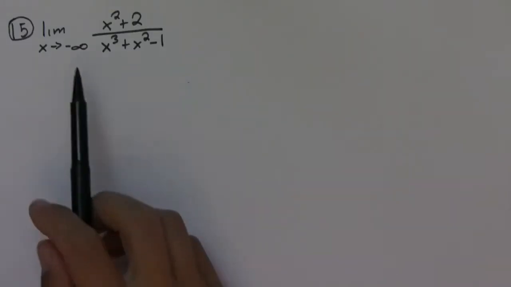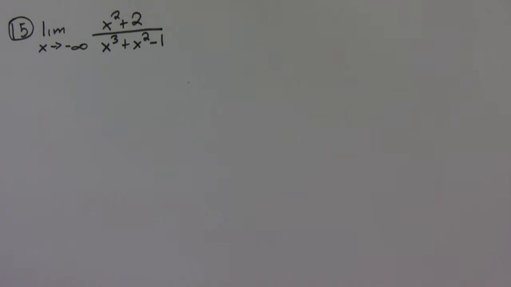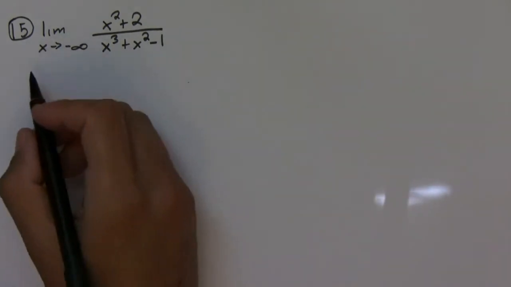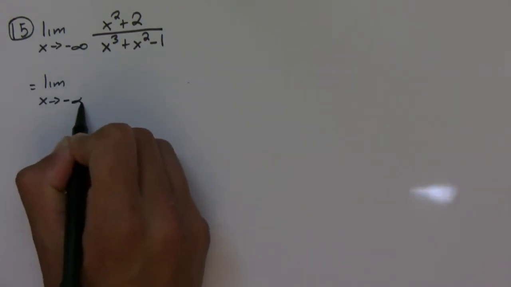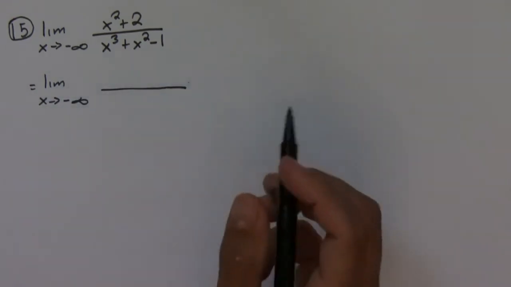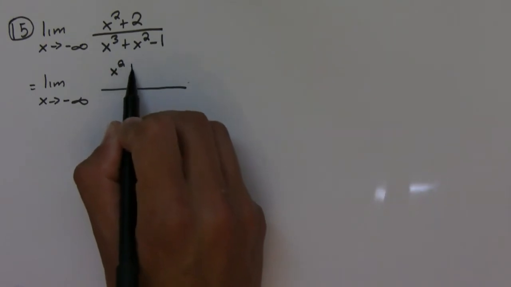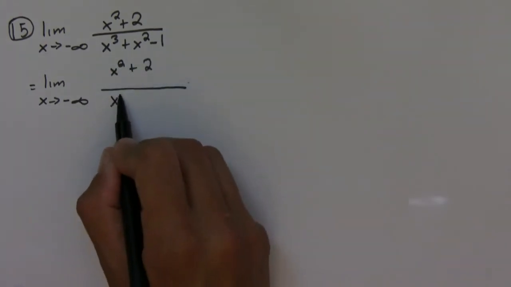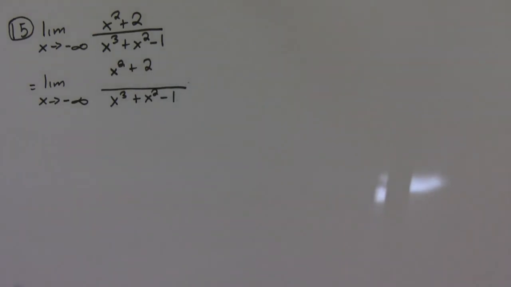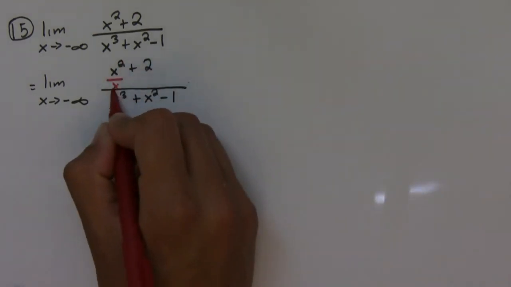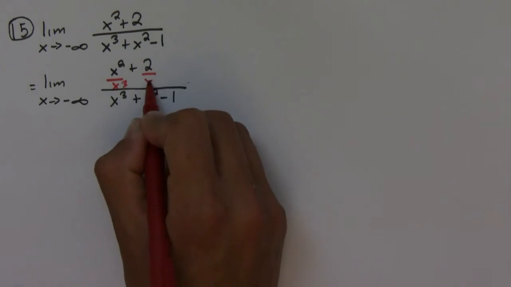Okay, now this time we're going to negative infinity. But we still approach the problem the same way. We're still going to divide by x to the highest power. So now this time the highest power is 3. So I'm going to divide by x to the third.